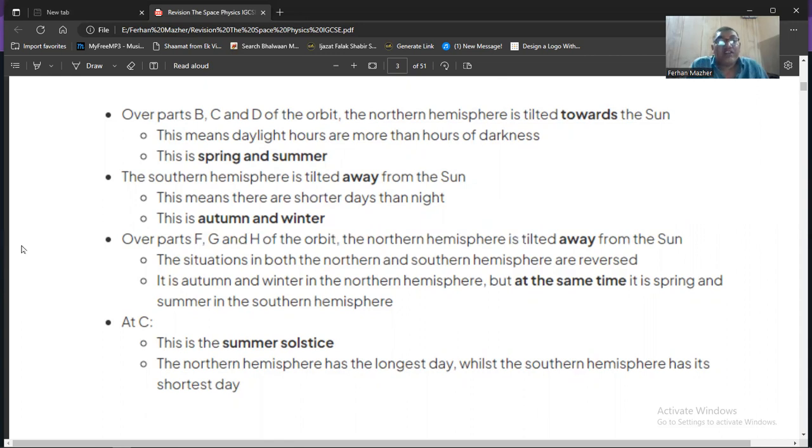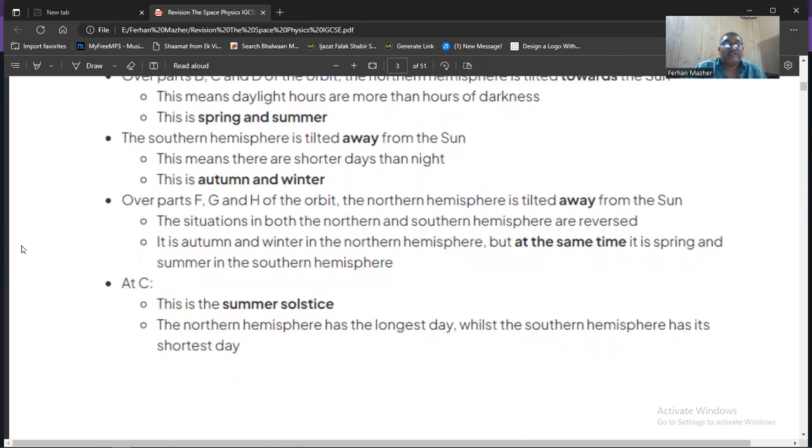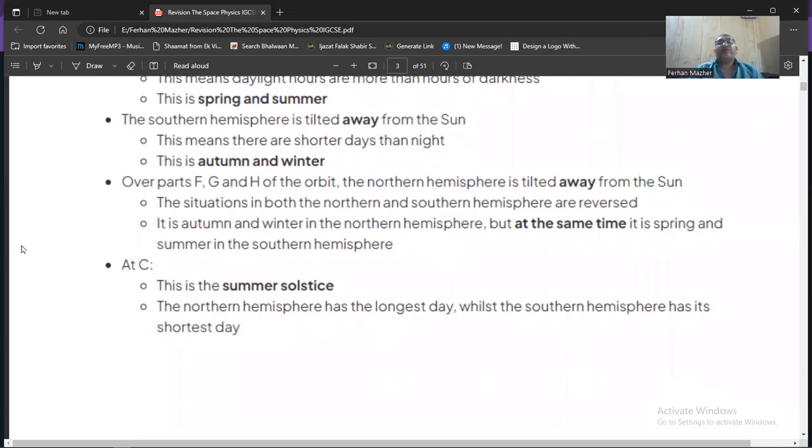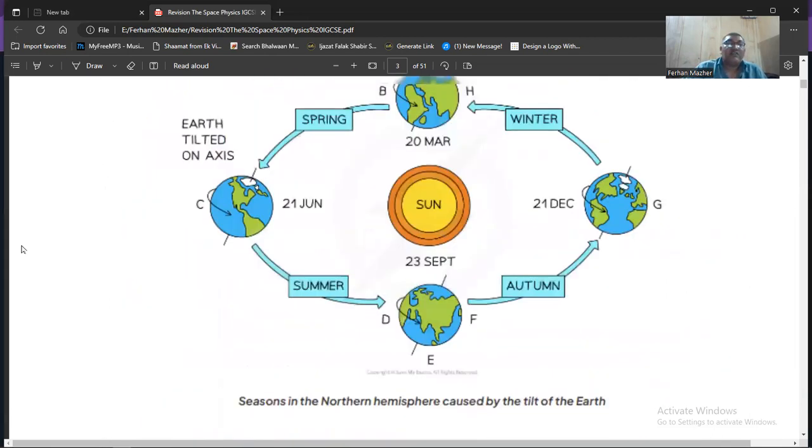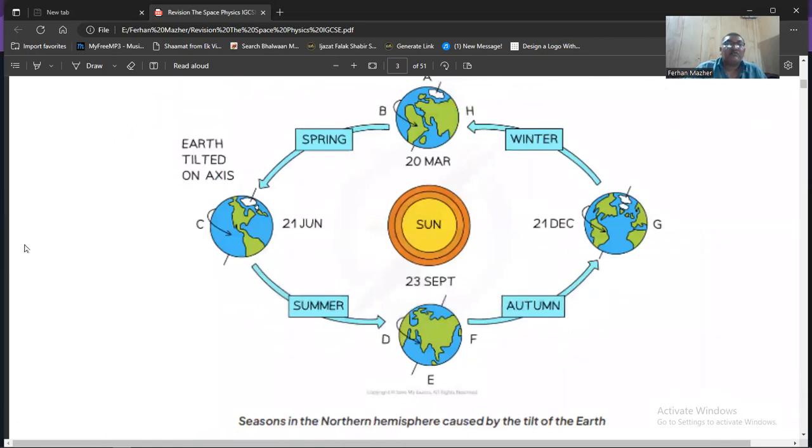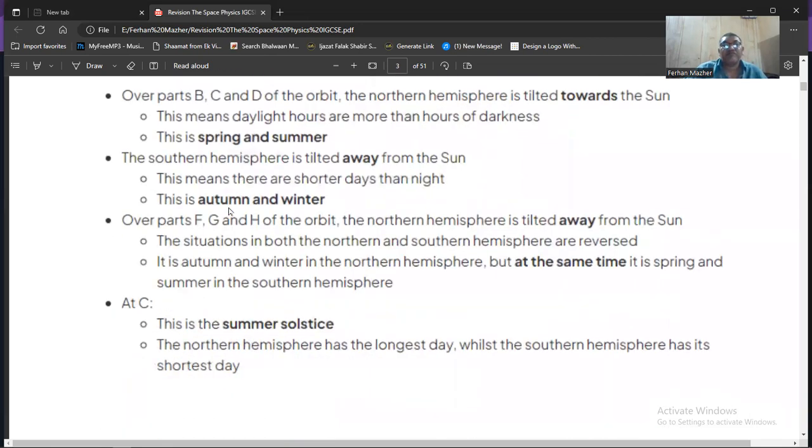At C, this is the summer solstice, and the northern hemisphere has the longest day, while the southern hemisphere has its shortest day. So you can see B, C, D, E, F, G, and H. They are talking about these positions.